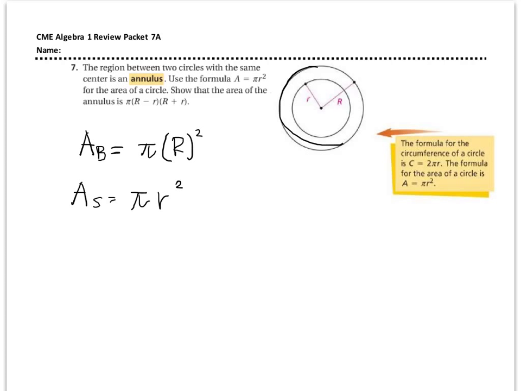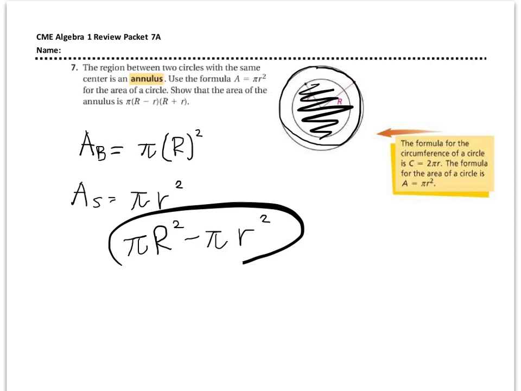You take the biggest area and then subtract the one in the middle. So we have pi R squared minus pi r squared. And this is the same as this. Essentially the same, right? Show that.